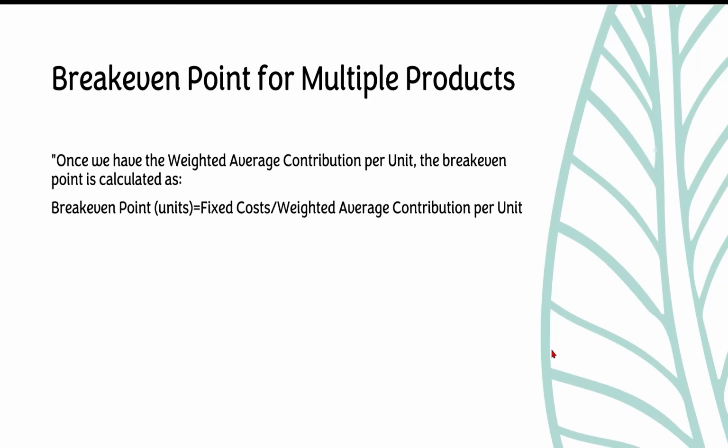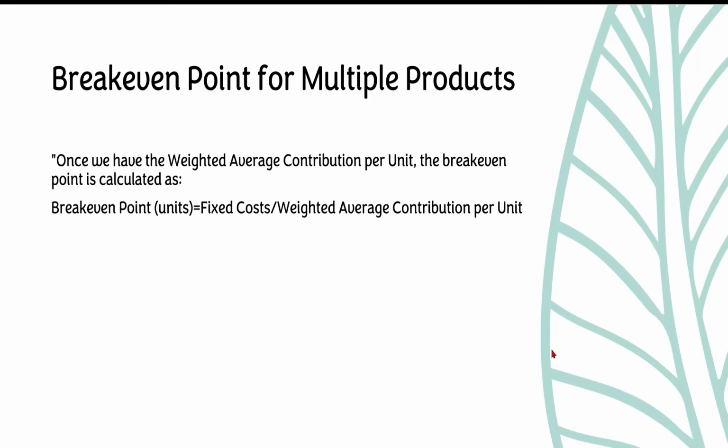Now let's learn how to calculate break-even point for multiple products. Once we have the weighted average contribution per unit, the break-even point is calculated as below. We will take the fixed cost, then divide it by the weighted average contribution per unit. Remember, this will give your answer in terms of units.